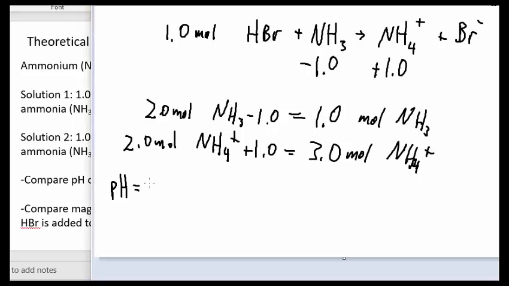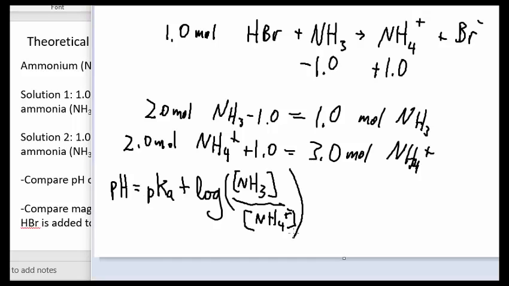And it's that ratio that's important in the Henderson-Hasselbalch equation. Technically, we have to put in the concentrations of ammonia and ammonium, and since we combine solutions, we have more than 1 liter now. So technically, let's look at our concentrations. Molarity is moles per liter.